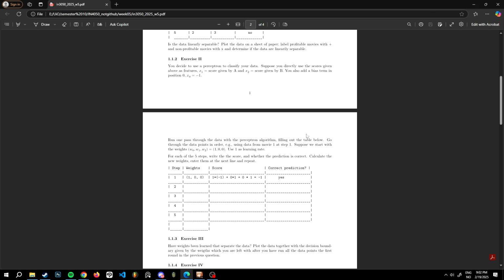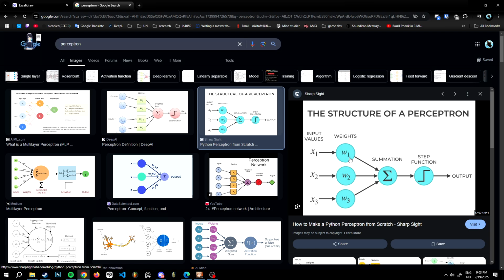This was very confusing when I first read it, so don't worry if you do not understand what they want from this, because I didn't either. But looking at this, they have a formula and they have weights here, and the prediction is correct, right? If we look back at our perceptrons, these are the weights we're technically inputting.